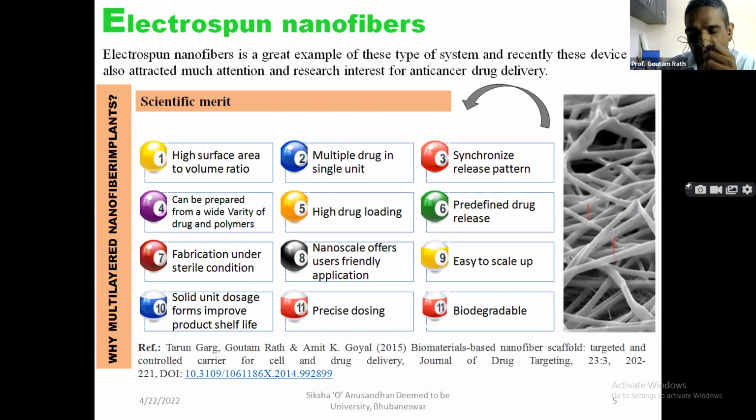When there is an instant solidification of liquid jet, there is a possibility the drug may change its physical state. That means a crystalline drug may transform into amorphous state. And we all know that amorphous state of the drug is much more soluble than its crystalline counterpart.